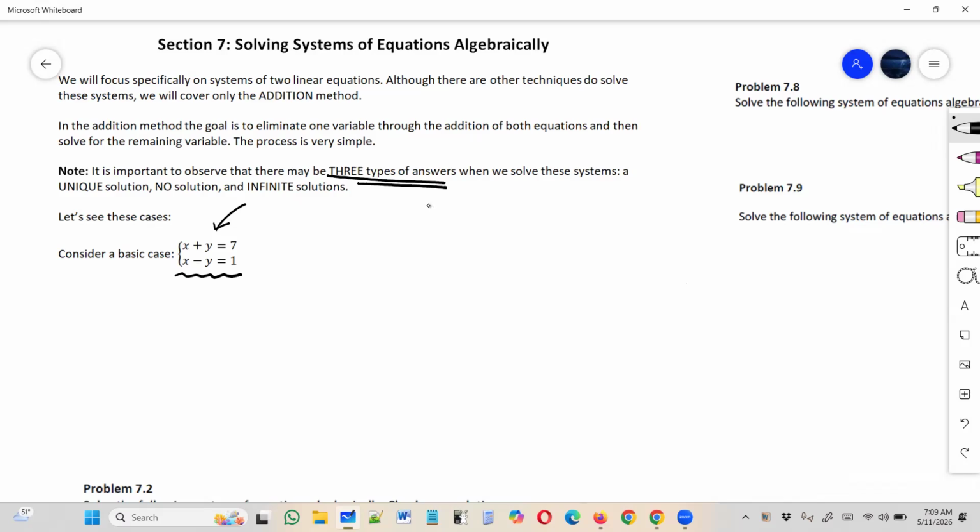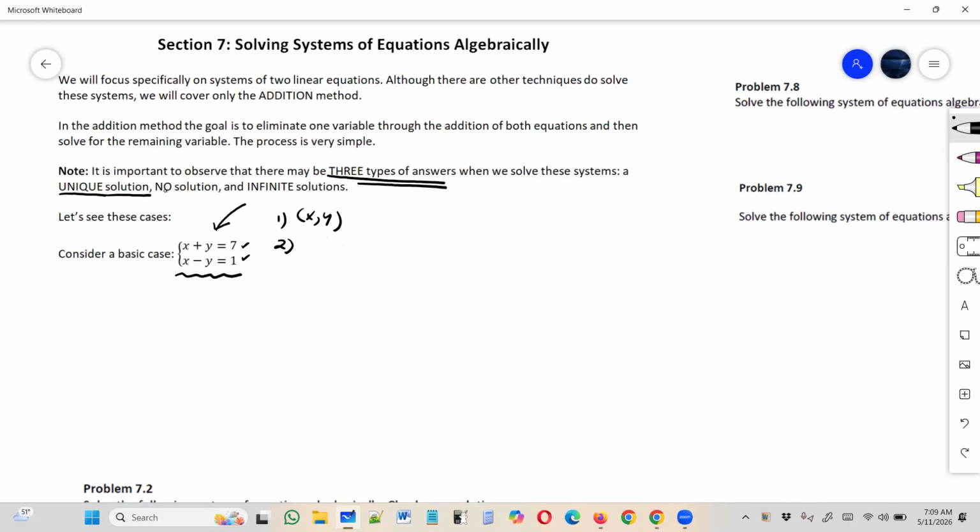Okay? Number one, and we'll see all three. Number one, there's going to be a unique solution to the system. Now, that means you're going to find an x and you're going to find a y that solves the system. Meaning there's a point where the two lines intersect. This is the first type of solution.